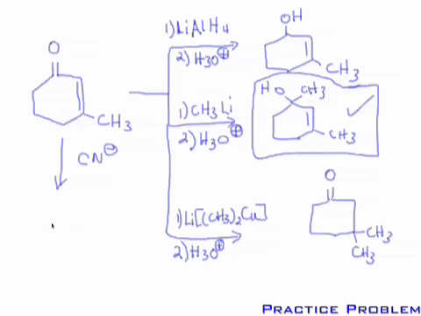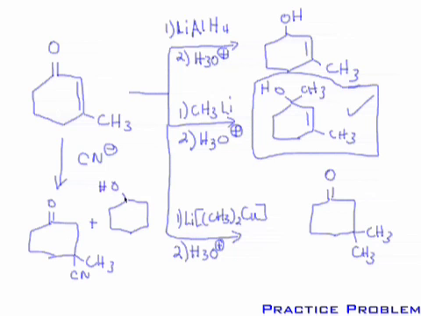In this case, hard to say, but it would probably be some percentage mixture. It would be very hard to predict which one's going to be major, but it's quite possible that you'd get a little of both. And so I would probably draw both. There's both products.